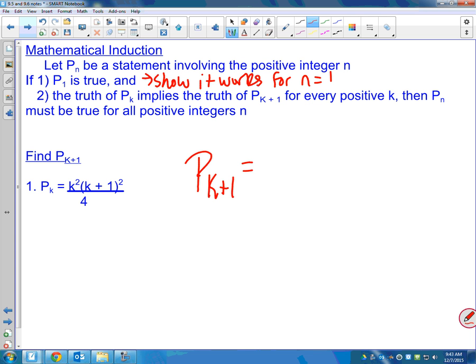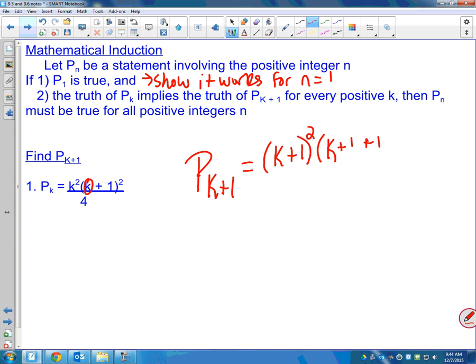So everywhere I see a k, guess what I'm going to replace it with? K plus 1. It's really not that crazy. So k squared becomes k plus 1 squared. K plus 1 squared is going to become, I'm going to replace k with k plus 1, but then I still have that plus 1 there, right?